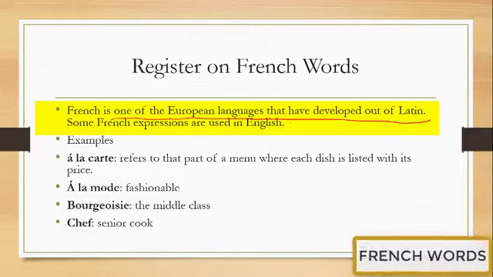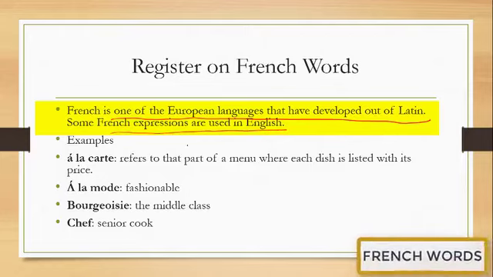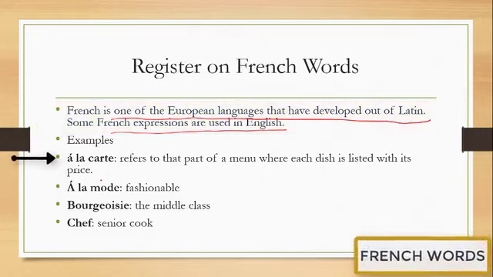Alright, so let's consider the following expressions as they are used in English language today, though they have their origin traced back to France. Okay, so we have à la carte. It refers to the part of a menu where each dish is listed with its price.